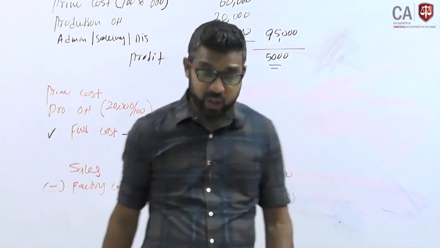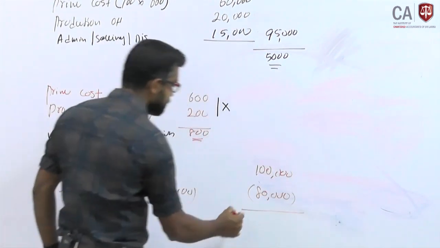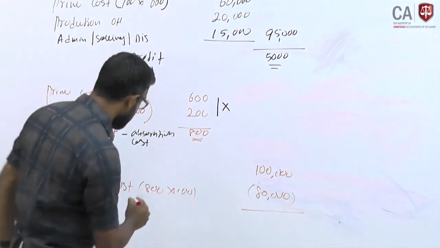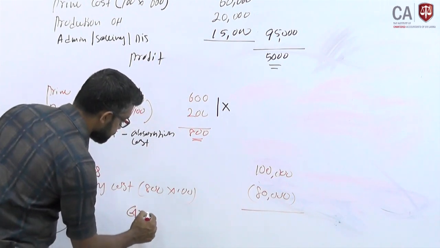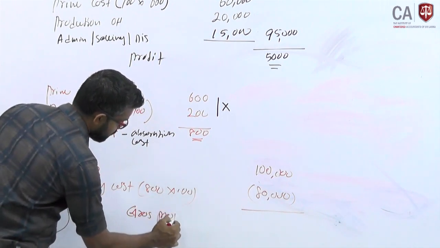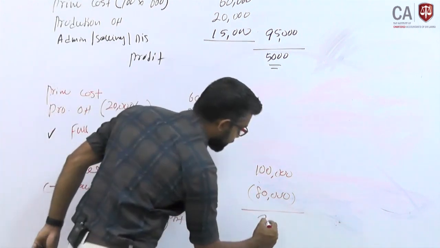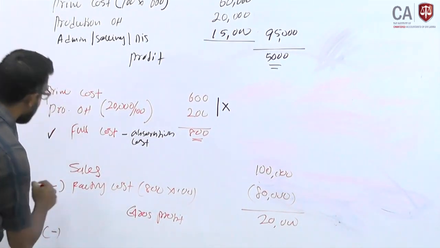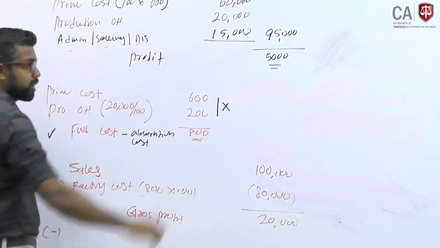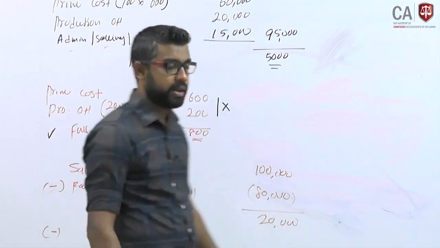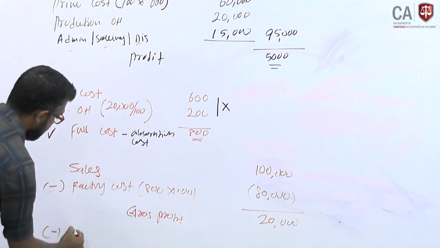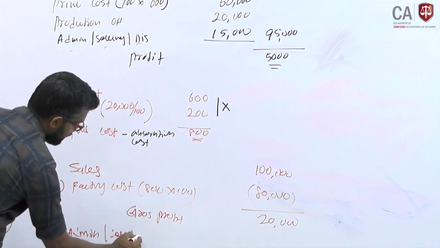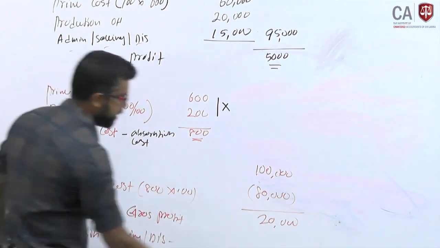Then sales minus factory cost is what? Gross profit, 20,000. Thereafter you have admin, selling and distribution cost, which is not a part of full cost, 15,000.